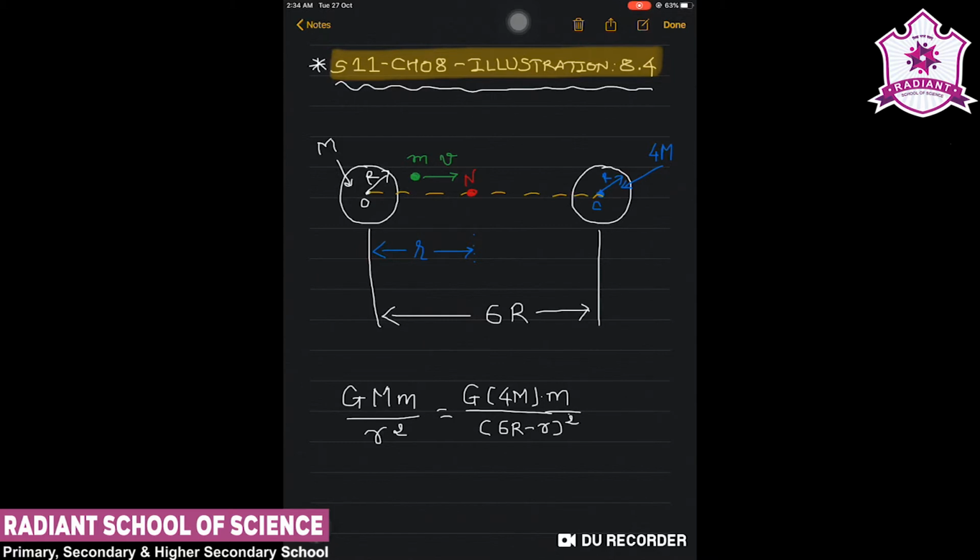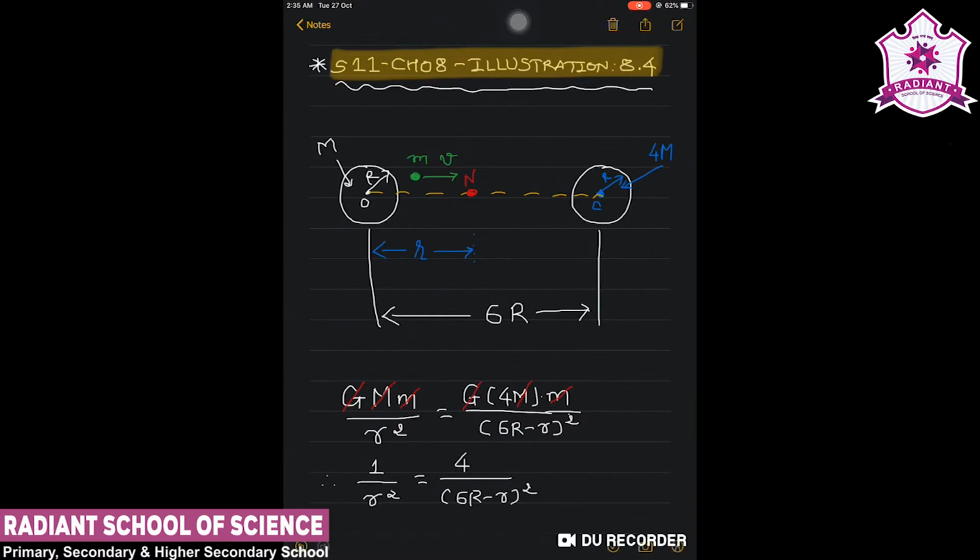Now we can compare and cancel out the equal terms. Here the equal terms, that is capital M, capital G and small m, all cancel out. Now what remains? It is clear that the remaining term, 1 over r square, is equal to 4 over (6R minus r) whole square.